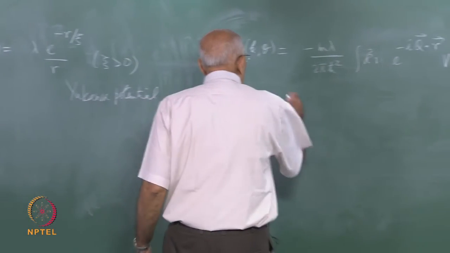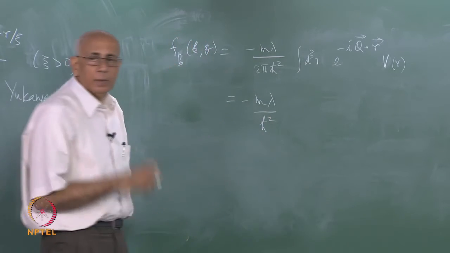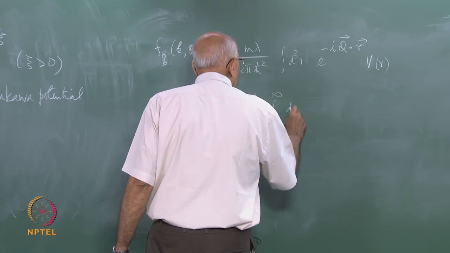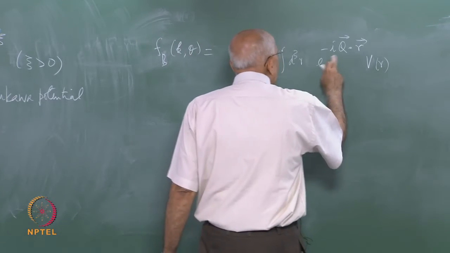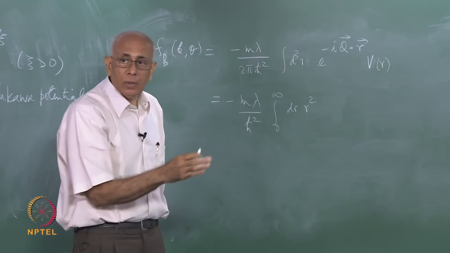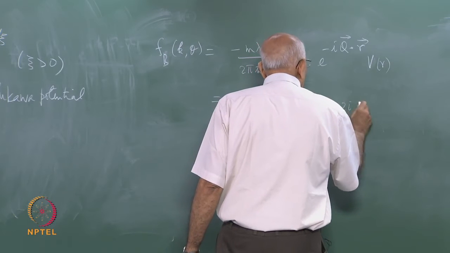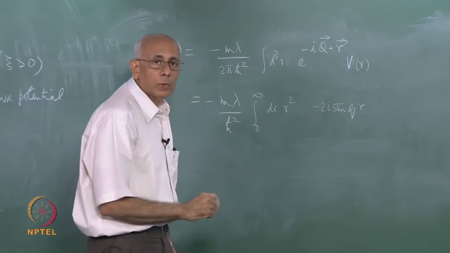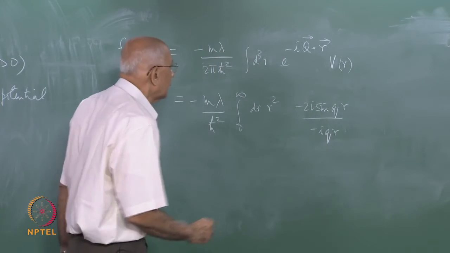Then the phi integral gives me a 2 pi as always, and this 2 pi cancels out, and you get minus m lambda over h cross squared. Now I have integral 0 to infinity dr r squared, and then e to the minus i q r cos theta, with cos theta integrated from minus 1 to 1. This is equal to minus 2i sin q r over minus i q r, times v of r.